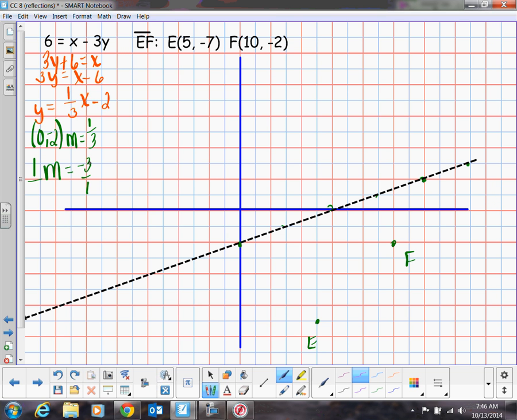Okay, this is going to be rise over run. So it's going to be a vertical over horizontal. 1, 2, 3 over 1. And I had to go left because this is negative.